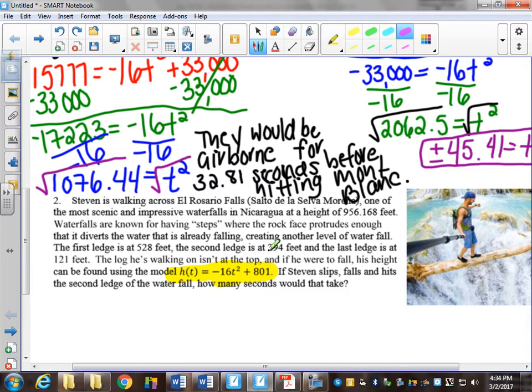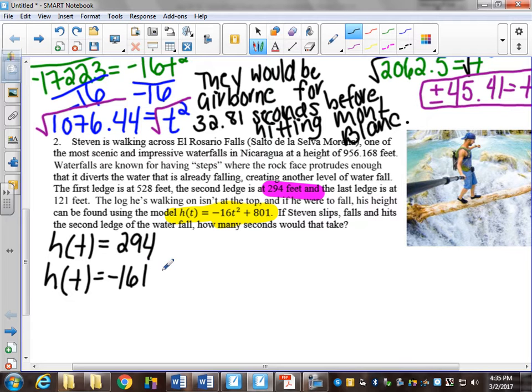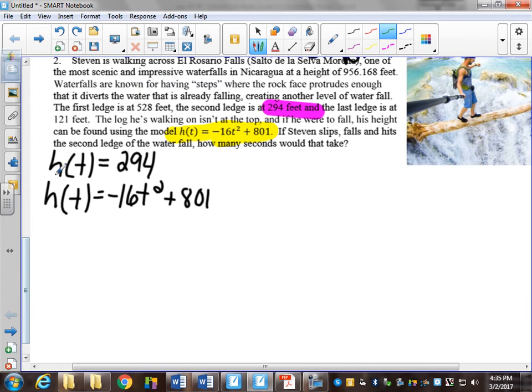The second ledge is at 294 feet. So our H of t, our height that the question is asking, is 294, and we're given this model. So what do we do? Plug in our information.